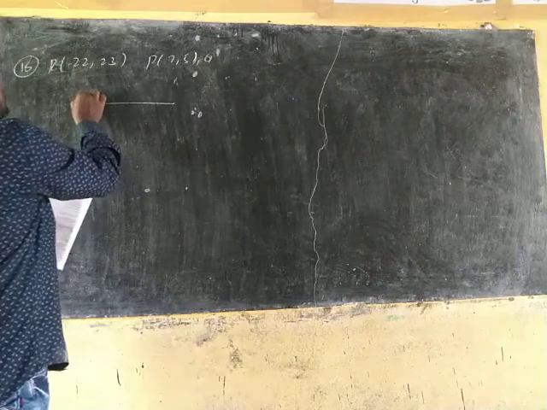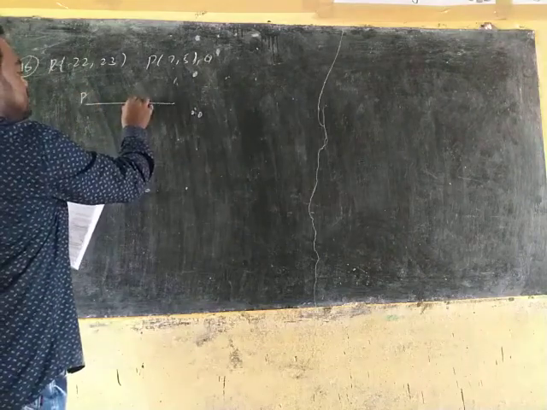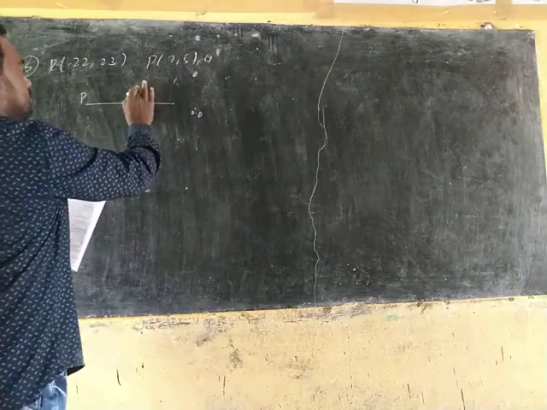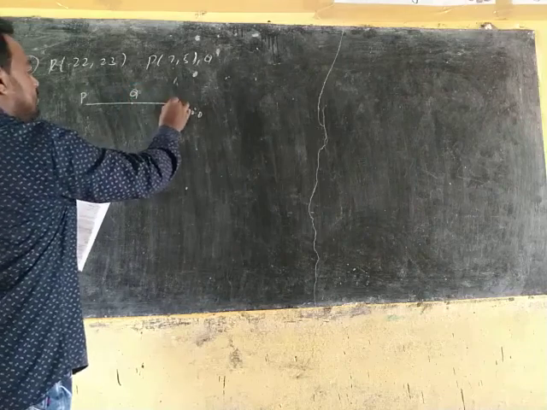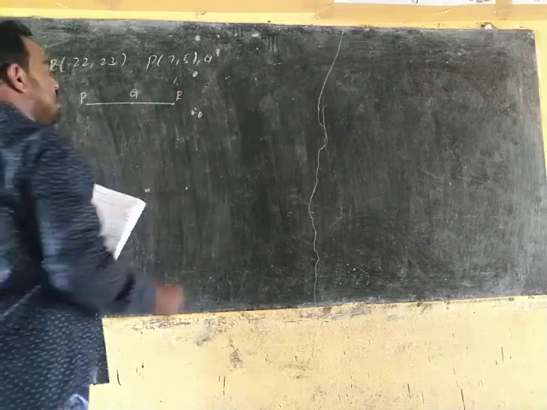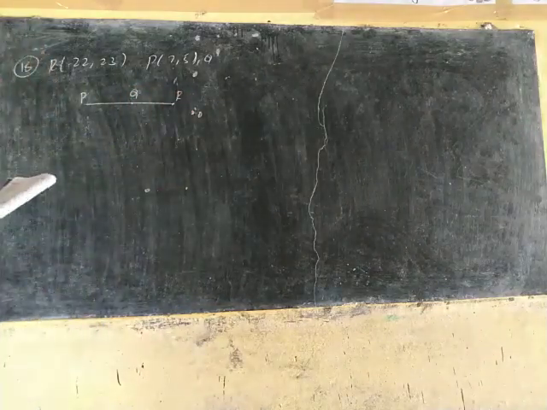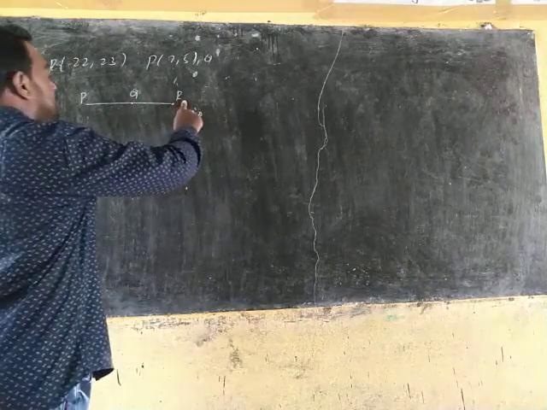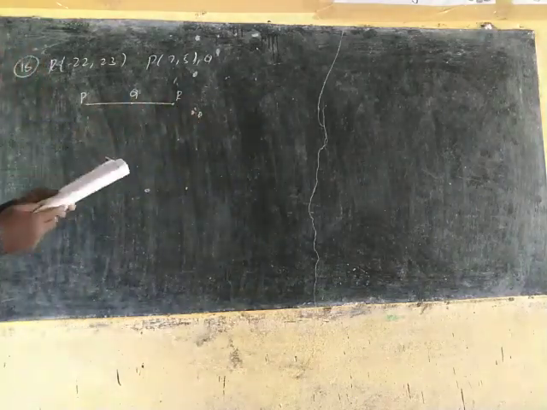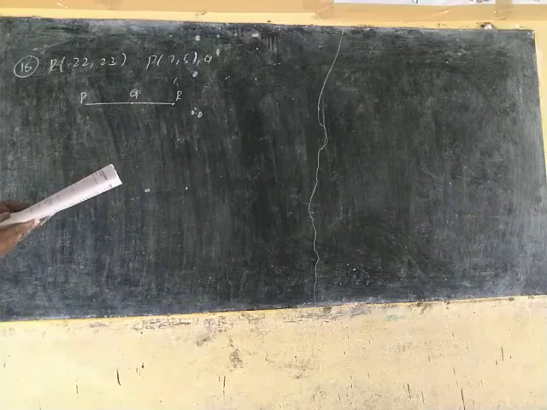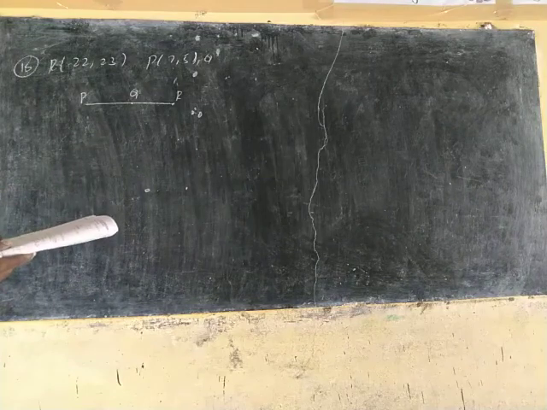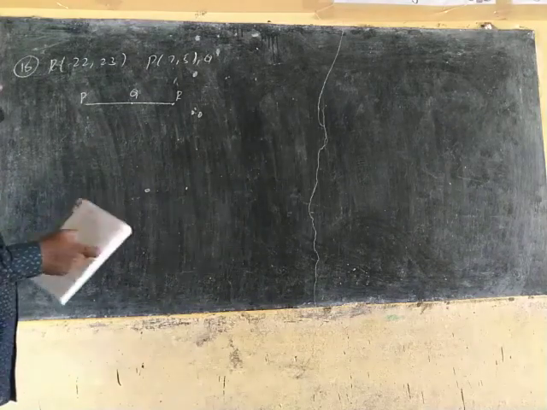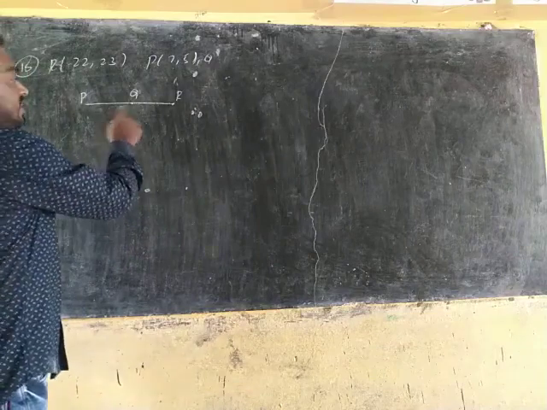So this is the point P, this is the point Q, this is the point R. R divides the point PQ externally in the ratio 3:5.